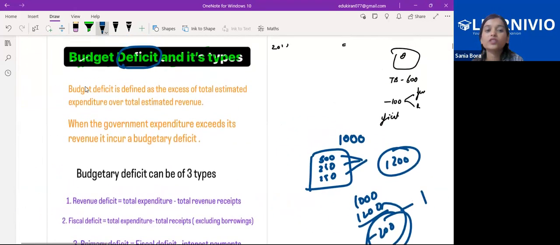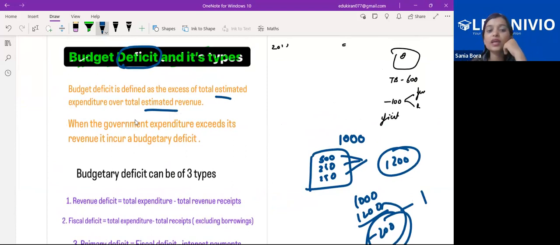Okay. So budget deficit is defined as the excess of total estimated expenditure over total estimated revenue. Your estimated expenditure was that I'll spend 1000 rupees, but your expenditure is like 1200 rupees. And what was your revenue? How much money did you have? You have only 1000 rupees. So the expenditure is more than your revenue, the money you have, right? So that is called budget deficit.